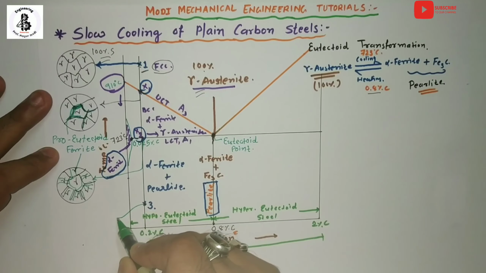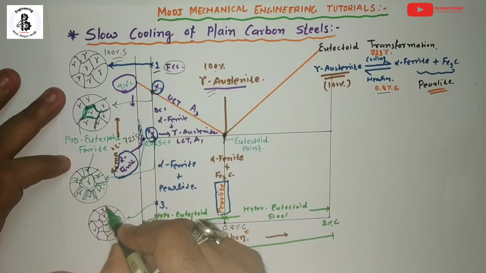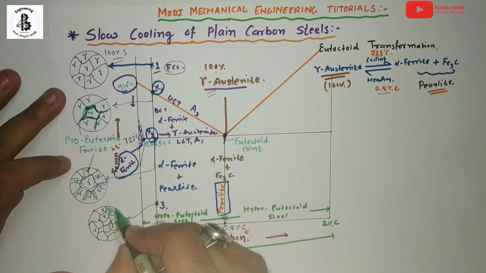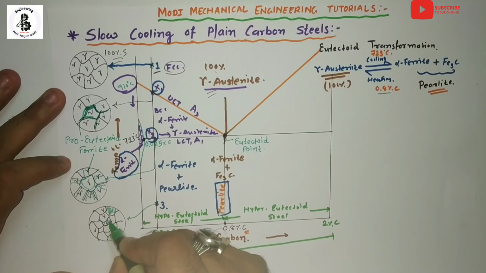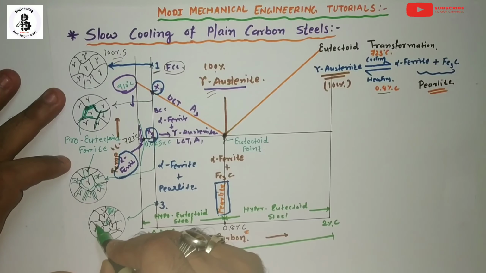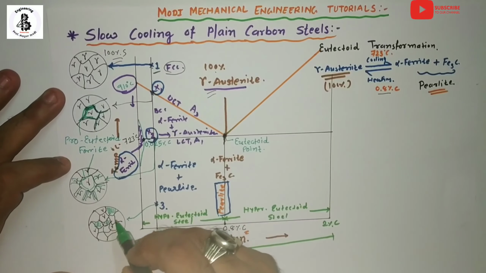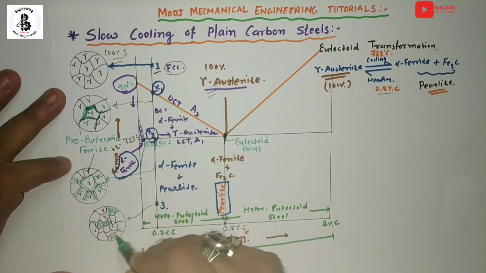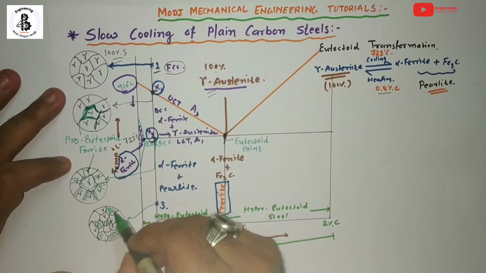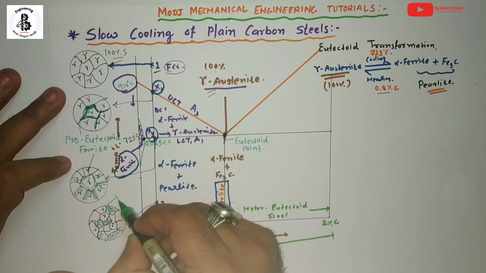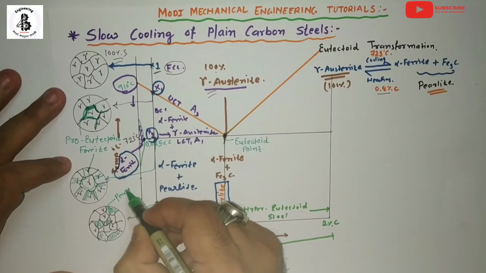But at room temperature, it will be making alternate layers in some regions with the conversion into pearlite, because pearlite is nothing but a mixture of alpha ferrite plus cementite. So some regions will form pearlite, but it will not be 100% pearlite.